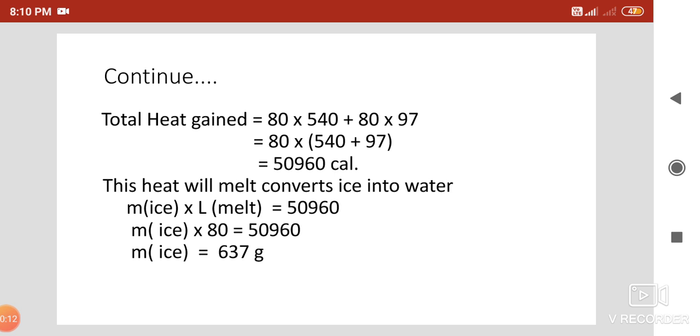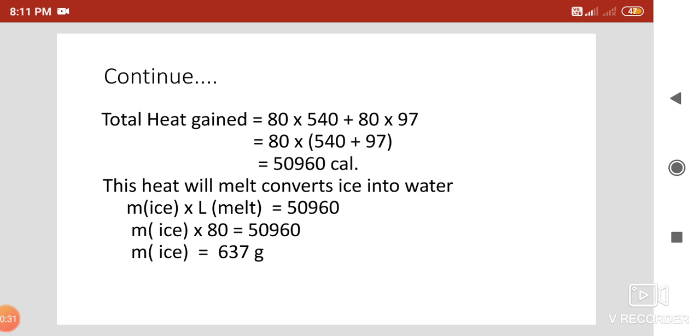Then this heat is what melts the ice into water. So the mass of ice multiply the latent heat of melting of ice equals 50,960.